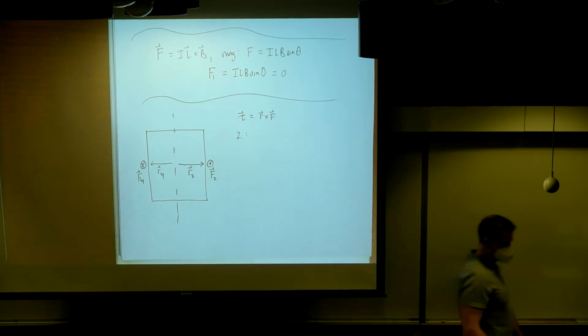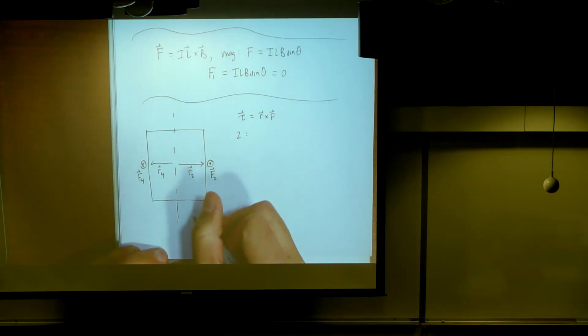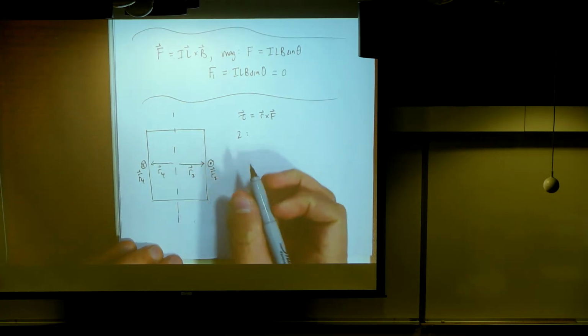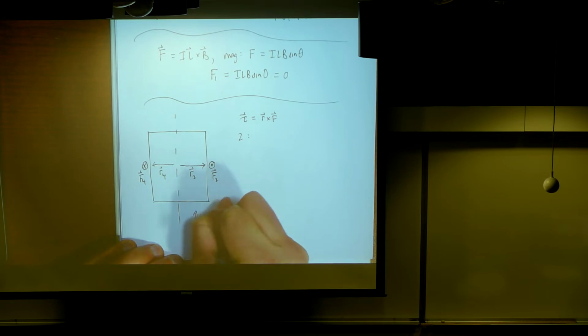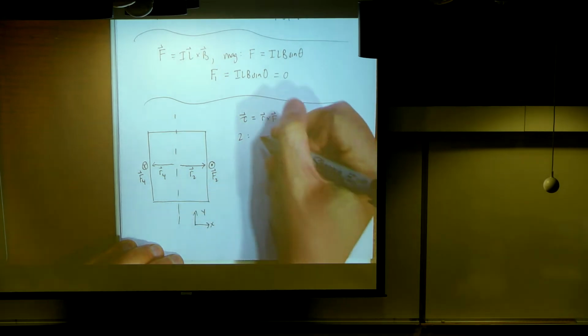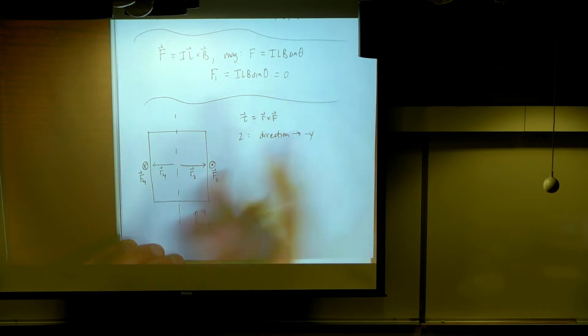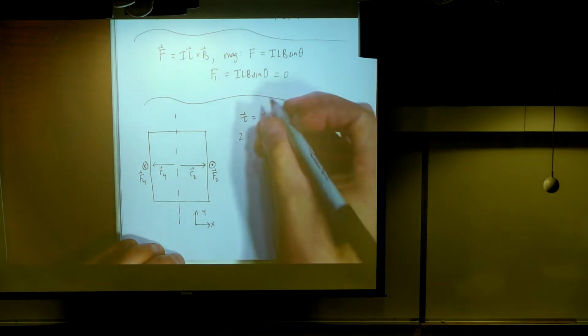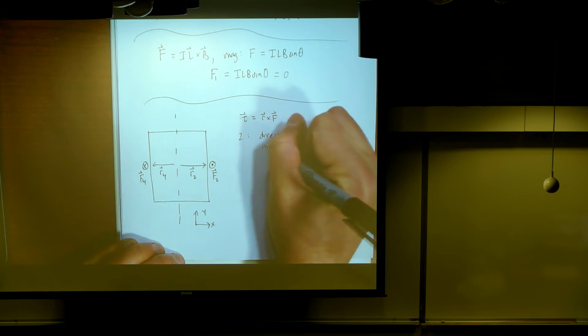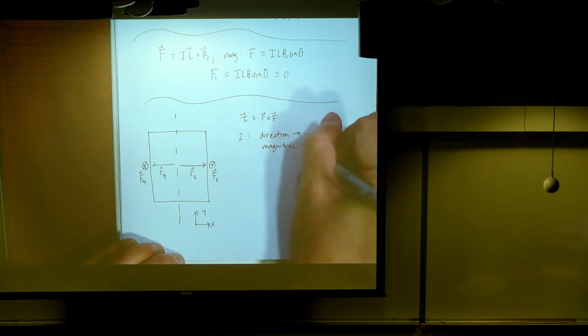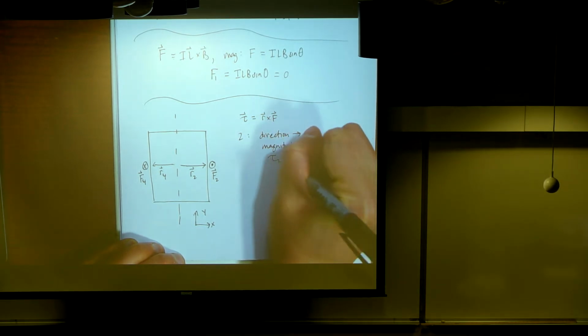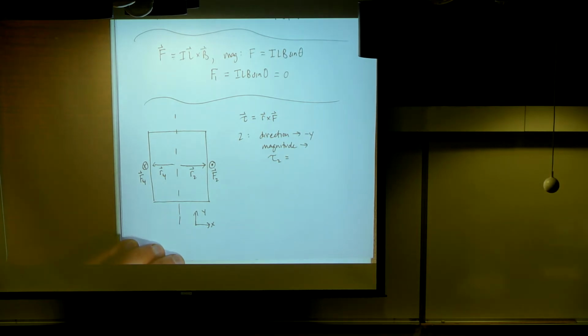So down, if we draw the coordinates that we were using, is actually negative y. So the direction is negative y. The magnitude, well, let's think about it.